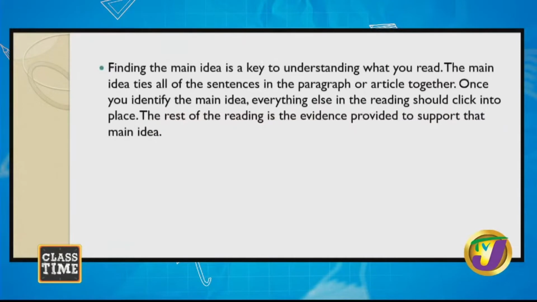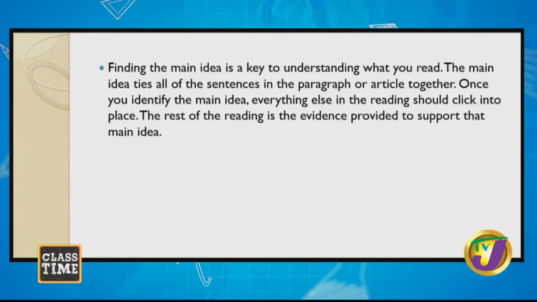Now, finding the main idea is a key to understanding what you read. The main idea ties all the sentences in the paragraph or article together. Once you identify the main idea, everything else in the reading should click into place. The rest of the reading is the evidence provided to support that main idea. All right?